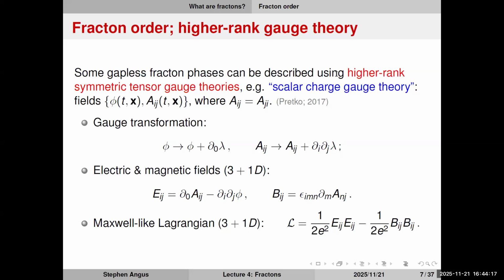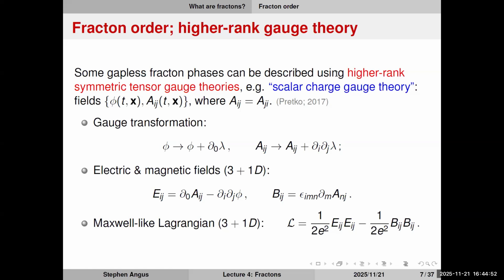And this has a U1 gauge transformation, where the time component transforms in the usual way, as the time derivative of some scalar gauge parameter, but the spatial part transforms with two derivatives. With this, we can write down electric and magnetic fields through various combinations of these components.